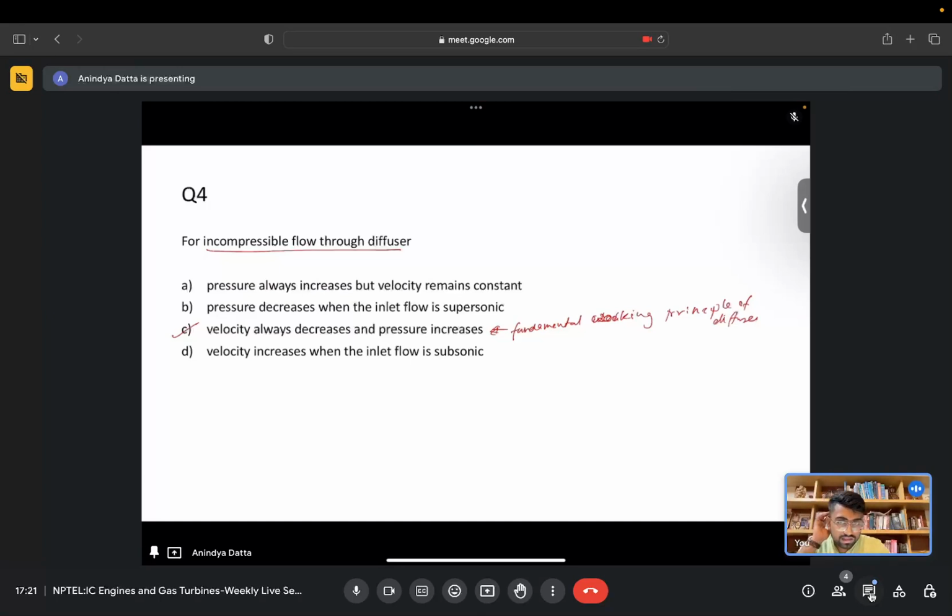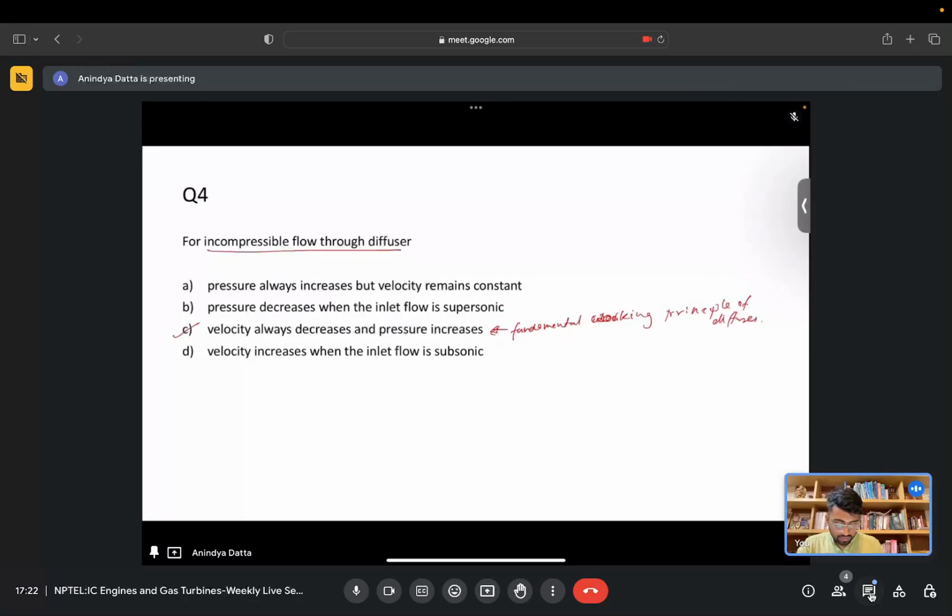In any diffuser, whether the flow is incompressible, compressible, subsonic or supersonic, the velocity will always decrease at the outlet of the diffuser with a corresponding rise in pressure. For the nozzle it's opposite: velocity will always increase with a corresponding decrease in pressure.